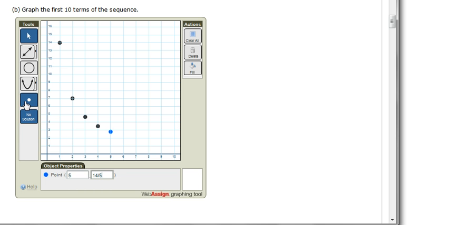Enter. 6, 14 sixths, which is 7 thirds. Enter. 7, 14 sevenths, which is 2.